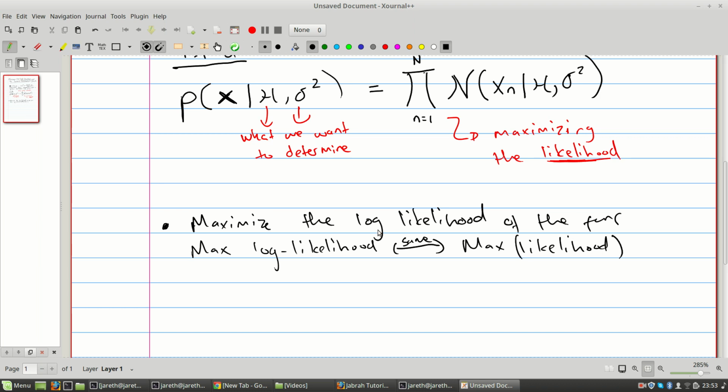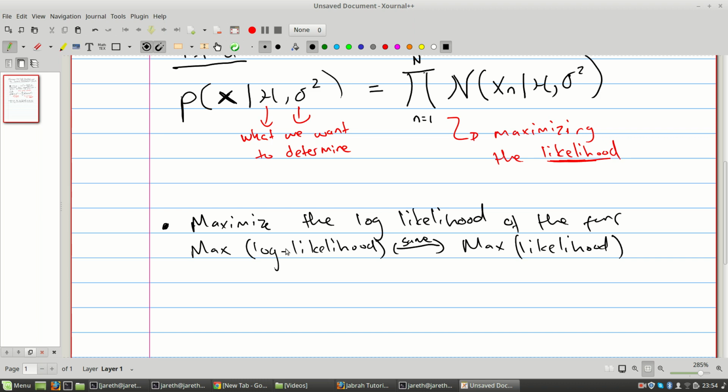So maximizing the log likelihood is the same as maximizing the likelihood of the function. Why are these two things the same? Because the log function is monotonically increasing. That means that when we maximize the log of a function, it's essentially the same as maximizing the function itself. That's the point we're trying to make here.